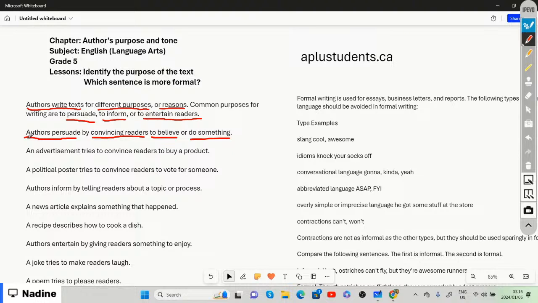And then when it comes to recipes, a recipe describes how to cook a dish. So you have your method, and they tell you what specifically to do.